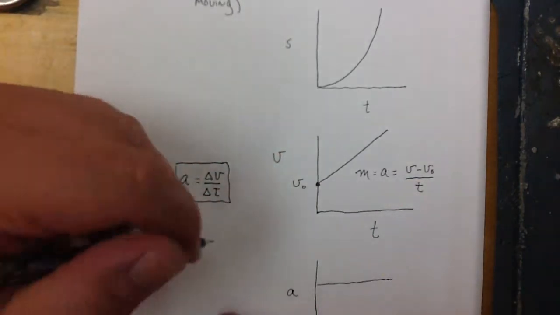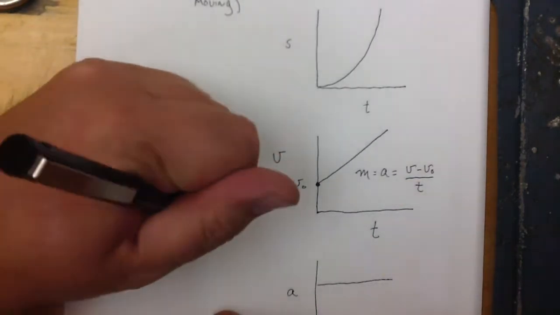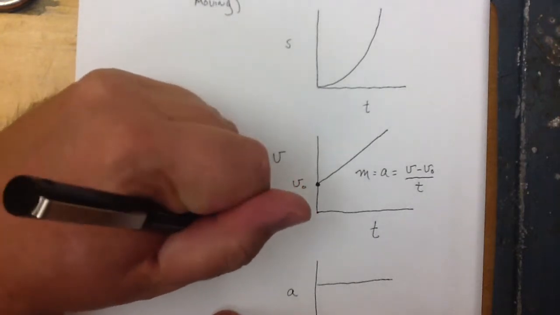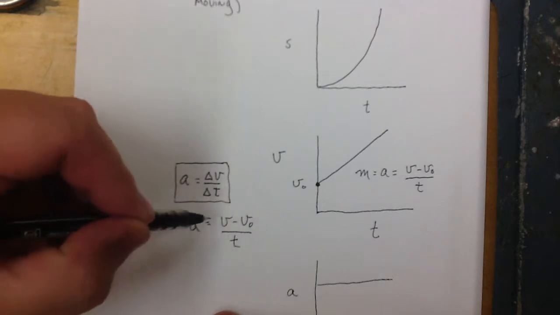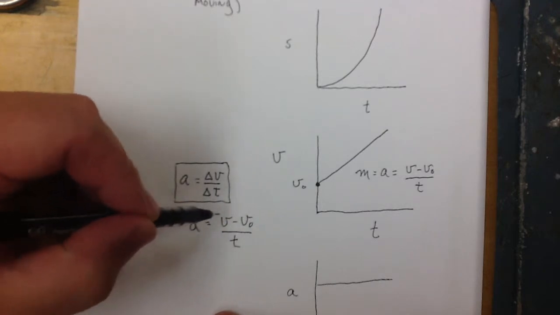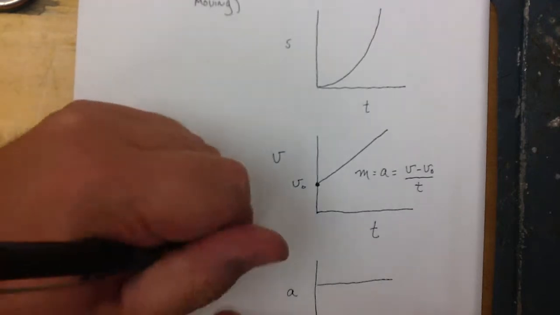Now we can get one more equation from this, because acceleration equals v minus v0 divided by t, and typically we know the starting velocity, so we could find a velocity at some time later by rearranging this equation.